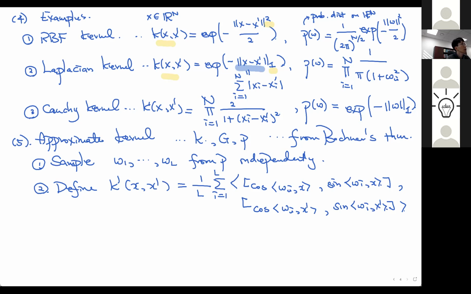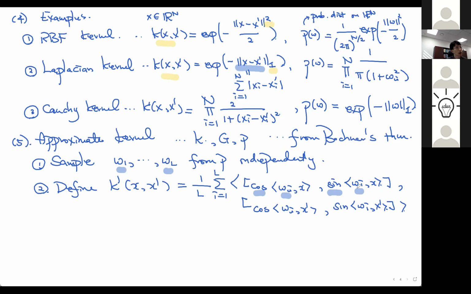So what's really going on here? We sample W1 to WL, and we are generating 2L features. For each Wi, cosine of Wi times x is one feature, and sine of Wi times x is the other feature.